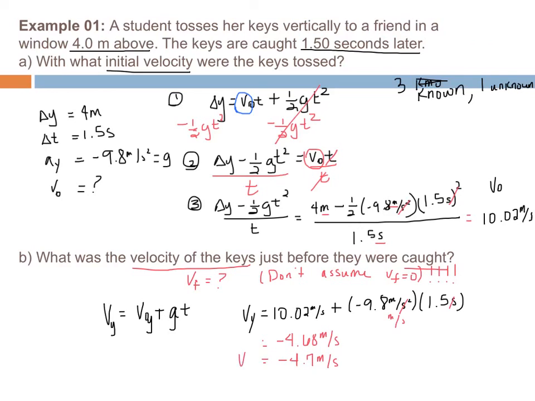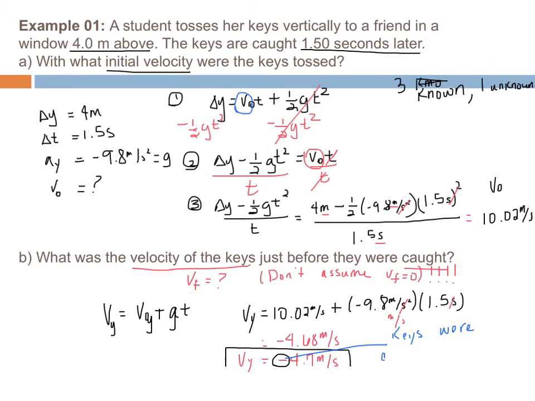Now, after you solve a problem, we want to look and analyze what's going on. The fact that we got a negative here tells us that these keys were caught on their way down.